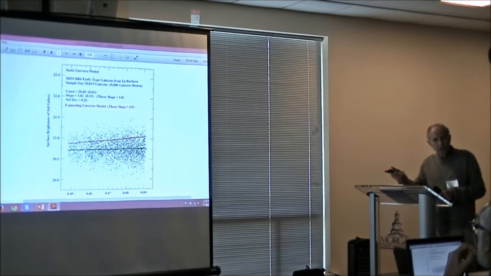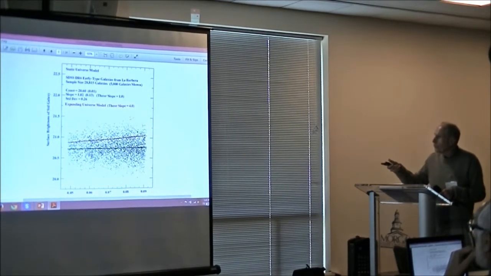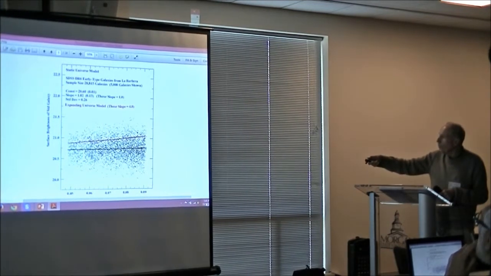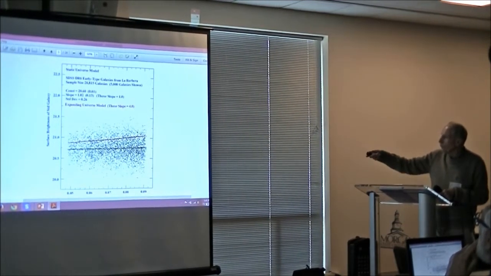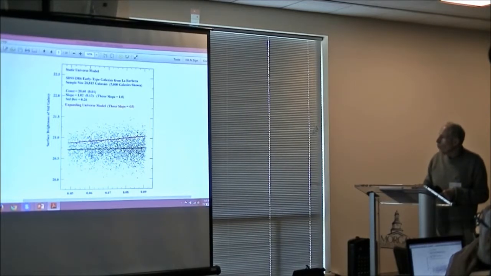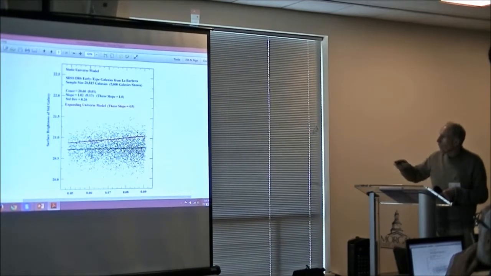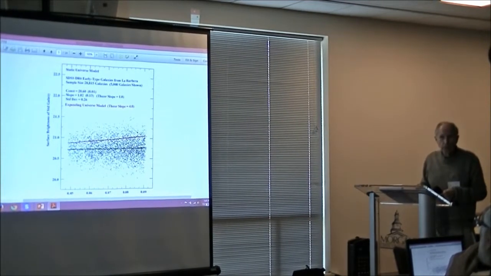And then you can do a least squares analysis of the standard galaxy and get this black slope. The black slope shown there is the slope of 1 that corresponds to a static universe. The red line corresponds to the theoretical slope of the expanding universe.